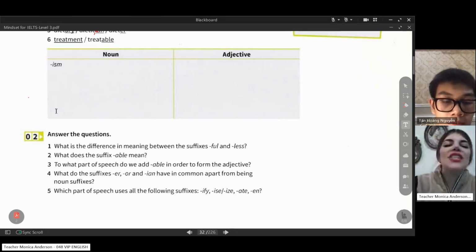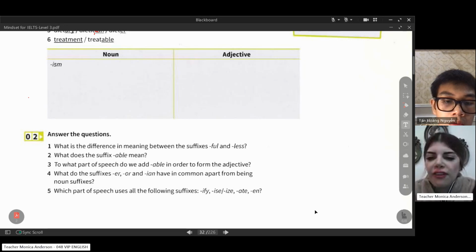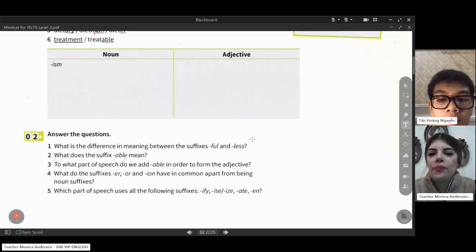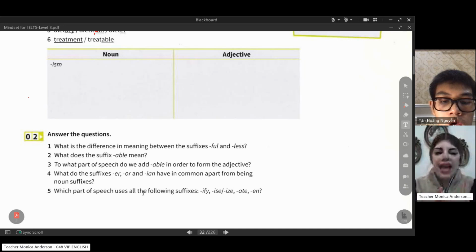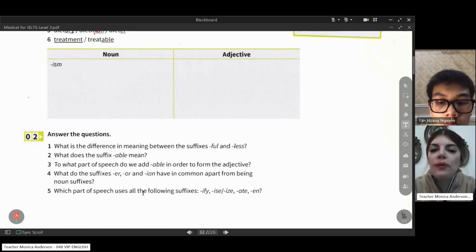Number 3: to what part of speech do we add able in order to form an adjective? For example, noun or verb. So what type of words? We normally add able to a verb.